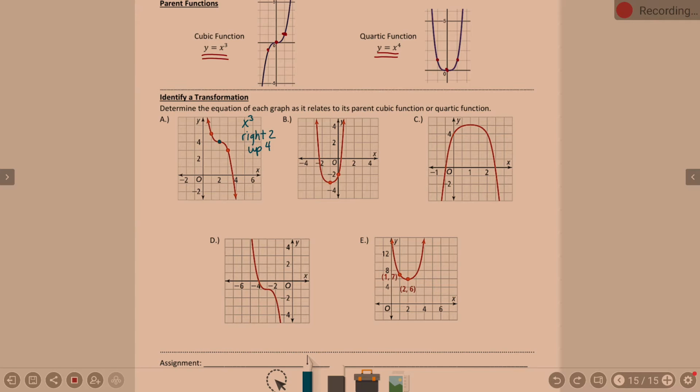One other piece of information I need you to point out. How else is this graph slightly different from the graph of the parent function in the picture?